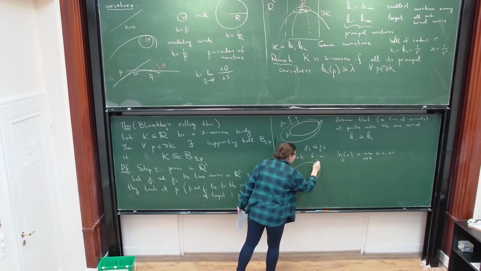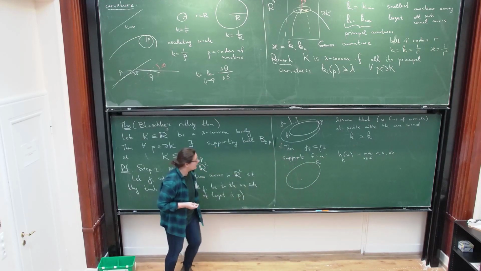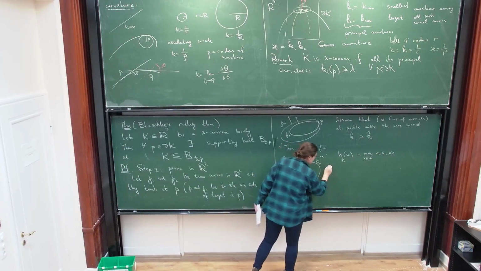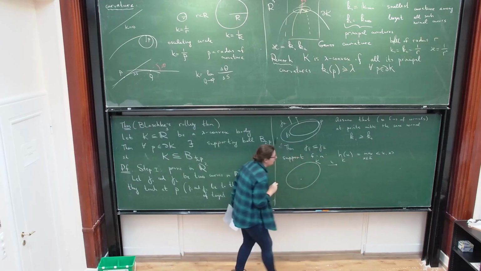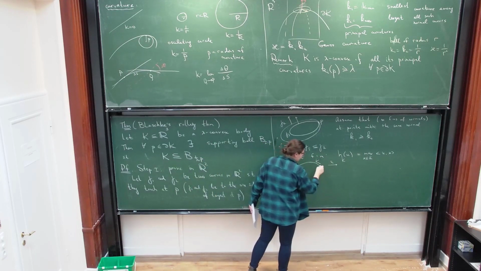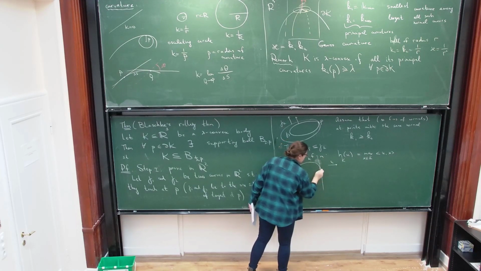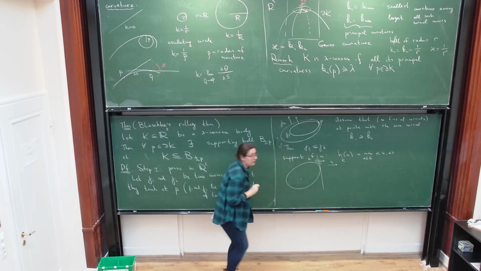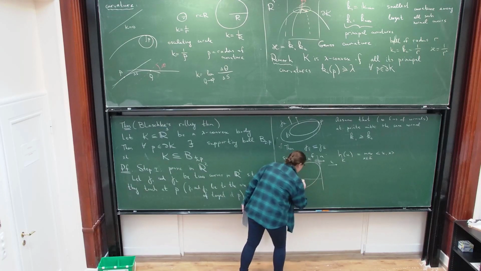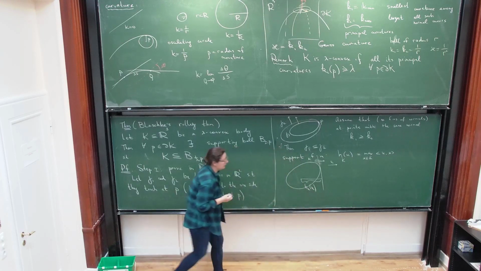If I have the body K, and somewhere the origin, say inside, it doesn't really matter, then if I choose the direction to be some vector u, I can find the tangent line or tangent plane with this normal vector to the body K. Let's say this is the tangent with direction u, and the support function just measures the distance from the origin to this plane.